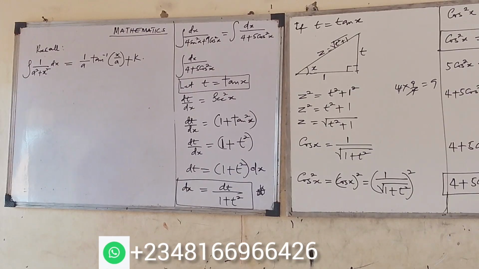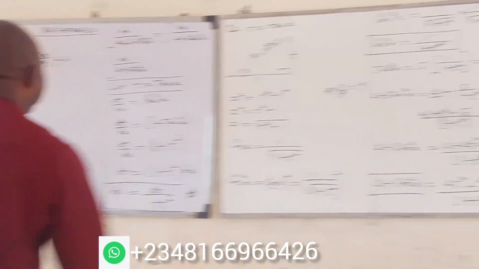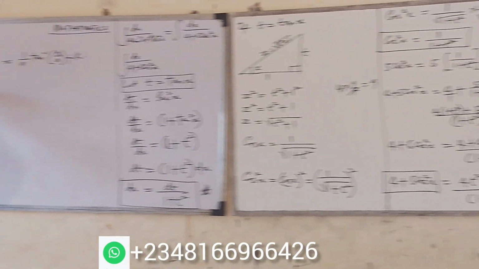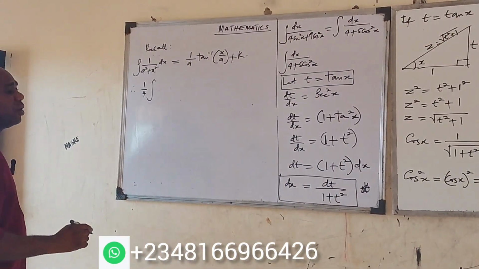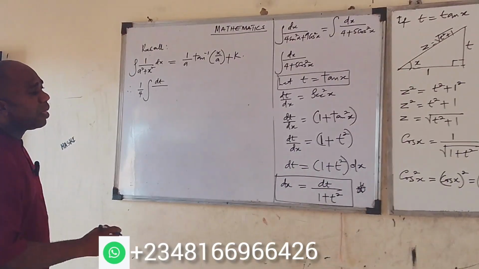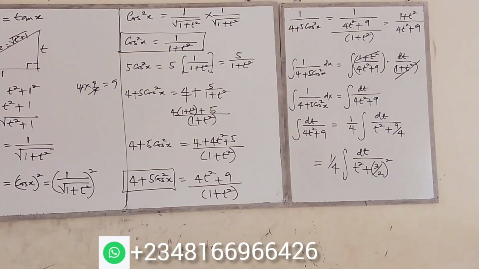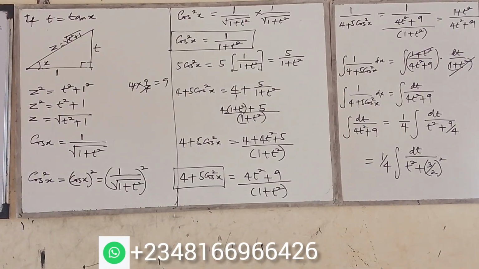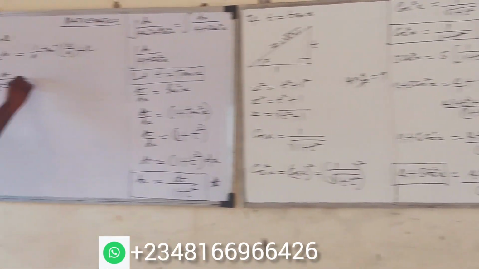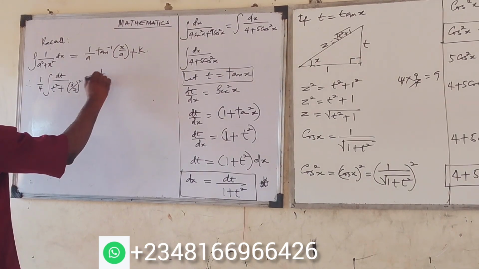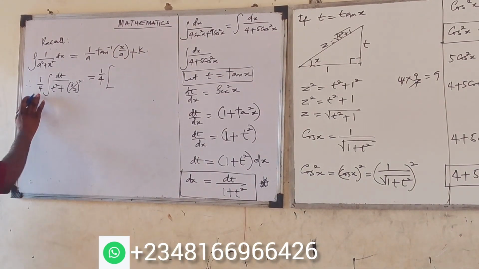So the whole of that function, 1 all over 4 integral dt all over t squared plus (3 all over 2) all squared, will be equal to 1 all over 4.